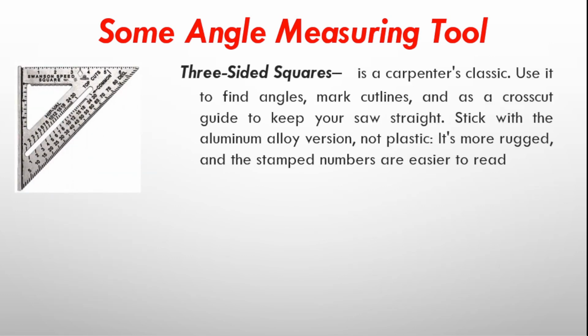Next we have the three-sided square. This three-sided square is a carpenter's classic. Use it to find angles, mark cut lines, and as crosscuts to guide your saw straight. Stick with the aluminum alloy version, not the plastic. It is more rugged and the stamped numbers are easier to read.